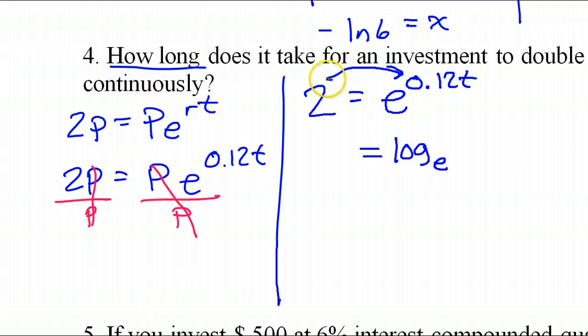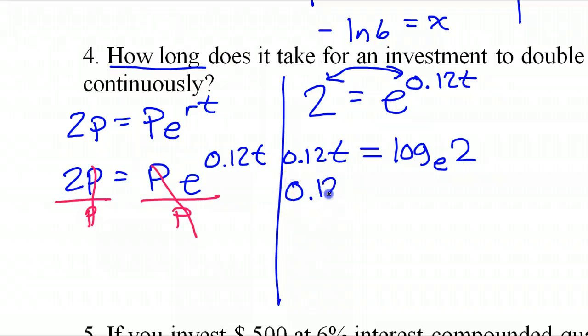These two parts are going to change sides, so I'm going to have 0.12 t over here, and I will have 2 right here. Notice it is on the same line as the log. The e is low. This is not an exponent. Cannot overemphasize that. And you're right, we won't write log base e. Once again, that is natural log. So what I really have is 0.12 t is equal to natural log of 2.